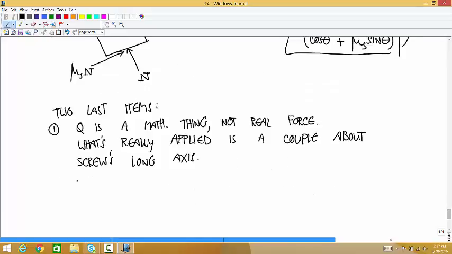And so we need to be able to go from the applied couple to that force, that fake force Q.